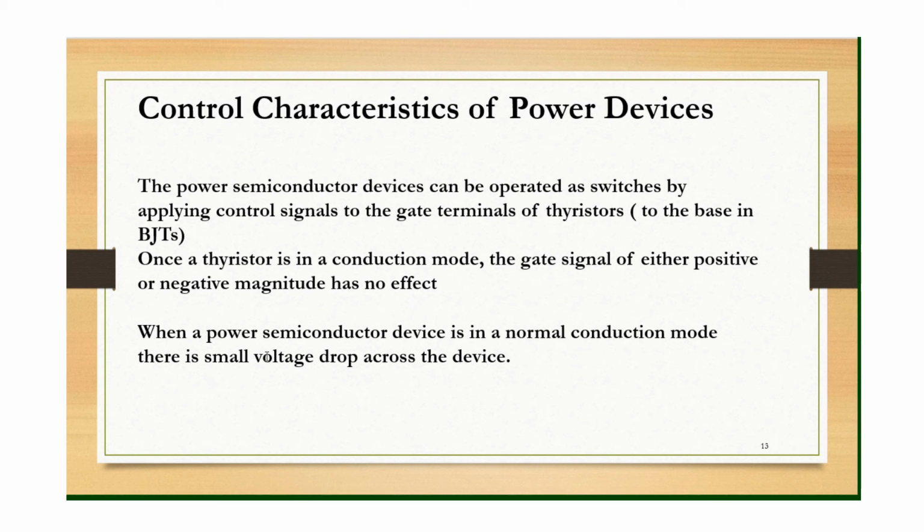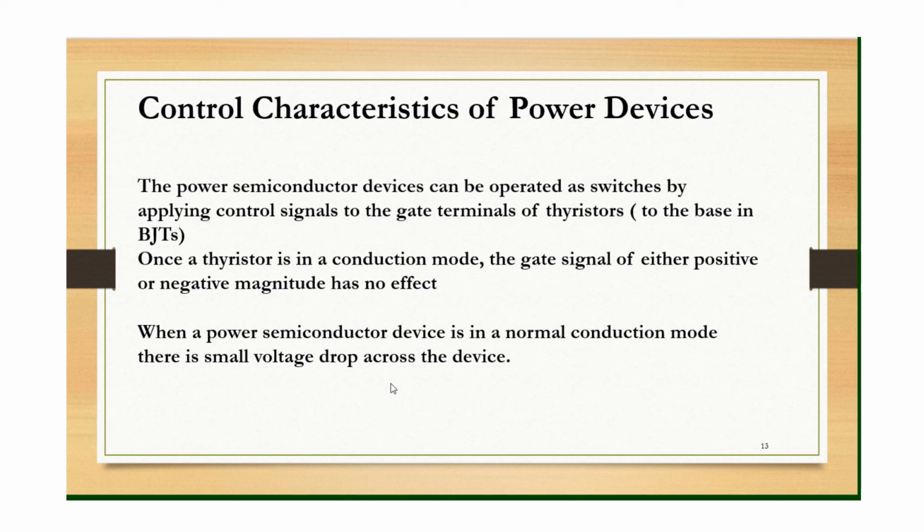Okay. And also one more important characteristic is that when a power semiconductor device is in normal conduction mode, there is a small voltage drop across the device. Whenever it is conducting, when it is turned on, there will always be a small voltage drop.